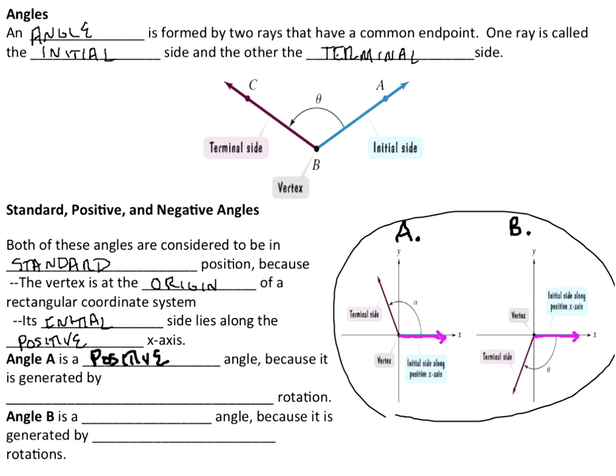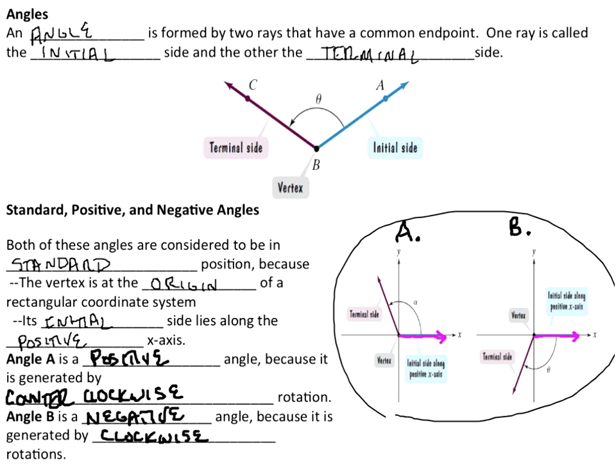It's because it's generated by counterclockwise rotation. Now, angle B is considered negative because it's generated by clockwise rotation. That sounds counterintuitive because you would think that if something's counterclockwise, it's backwards, but in actuality, that's considered a positive angle.